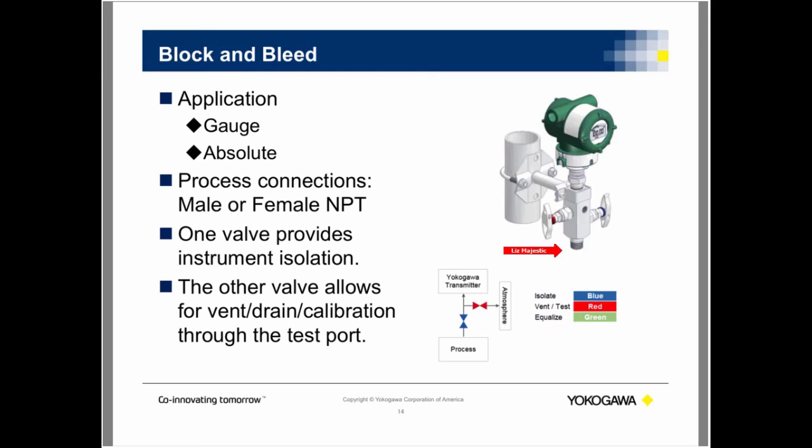The most common connection for this type of manifold is a 1/2" male to a 1/2" female. And this type of transmitter is an inline transmitter. So it's threaded directly to the manifold, and then this would be threaded to either your primary element or to a line.